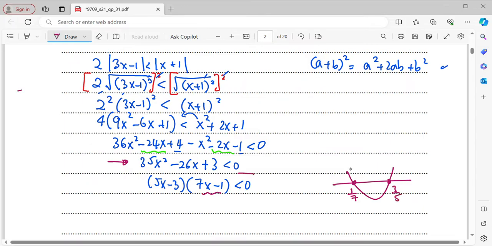Since the inequality is less than 0, we just take the region below the x-axis. So I end up with the solution x between 1 over 7 and 3 over 5. So that's the solution of question number 1.